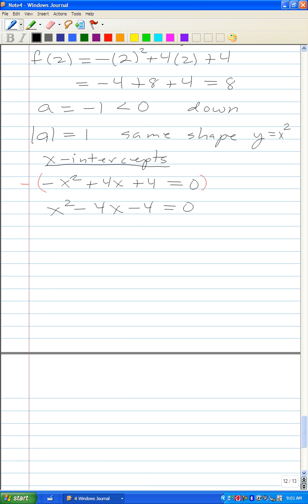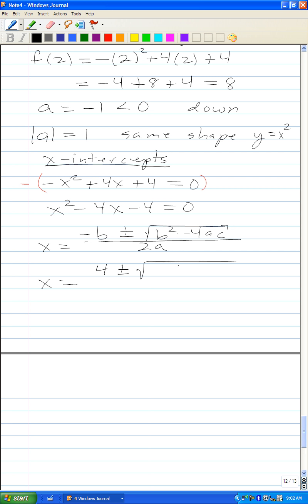And now let's plug into the quadratic formula. x equals negative b plus or minus the square root of b squared minus 4ac, all over 2a.